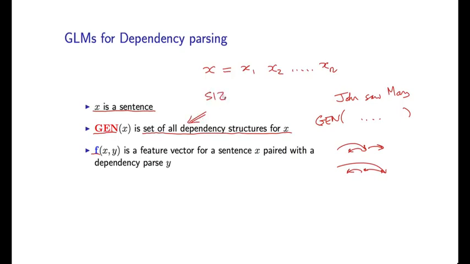Critically, the size of GEN is exponential in n, where n is the length of the sentence being parsed. So we're again in a situation where GEN is going to be a very large set of possible structures, at least for appreciable length sentences of say 10 or 20 or 30 words. This is going to be an extremely large set.